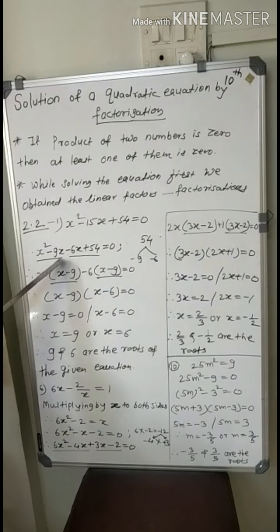Grouping into 2, this one is one group and this one is the second. Common factor: in x square minus 9x, the common factor will be x. So in bracket, x minus 9. If we divide x square minus 9x by x, then you will get x minus 9. Next, the third term is minus 6. So write here first the minus sign, the sign of the third term.